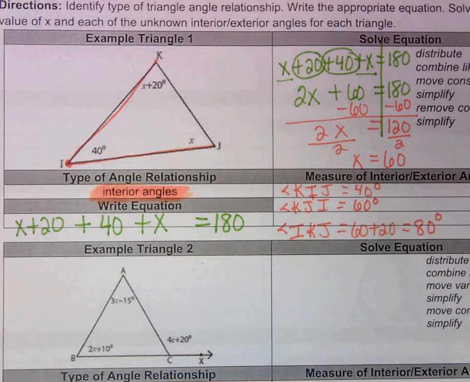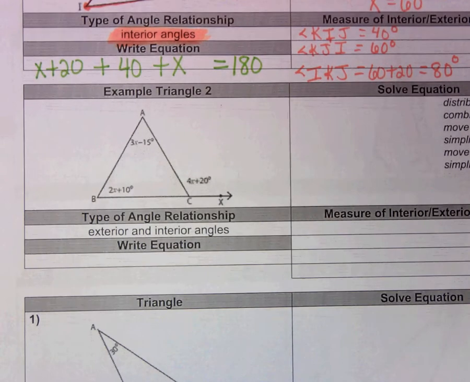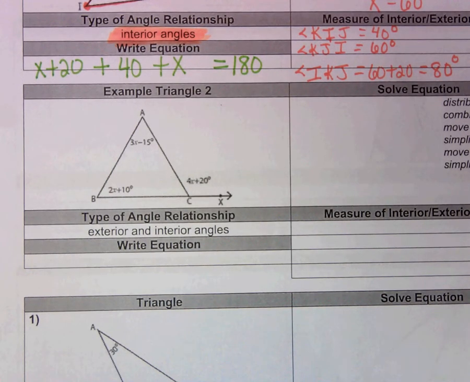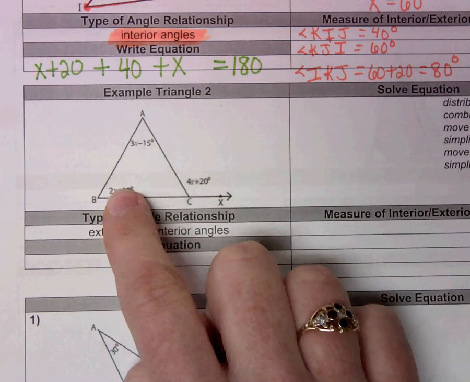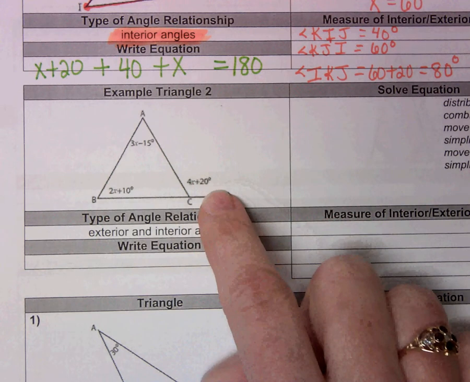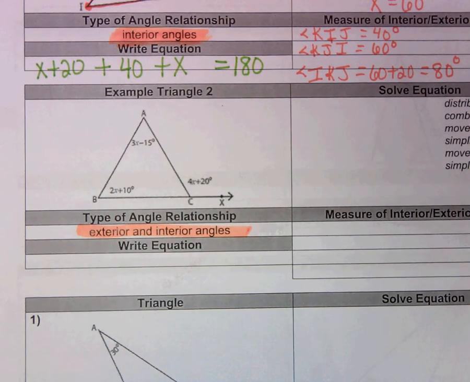So that was the first definition we talked about. So now let's look at the second one. Okay, so example 2. So notice in this picture we have 2 interior angles and 1 exterior angle. So that's why I wrote down that it's an exterior-interior angle relationship.